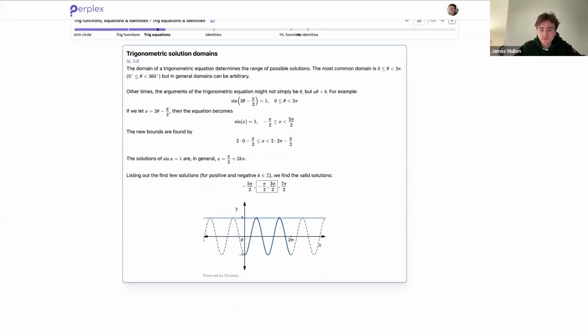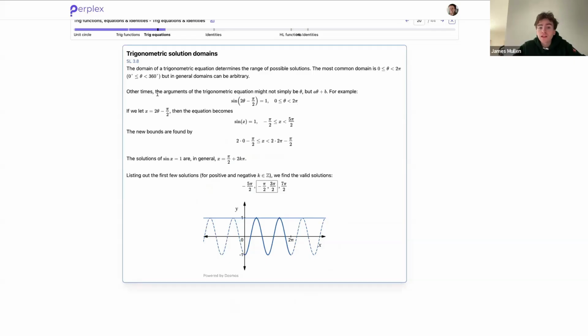Let's move on. Now, this is really tricky, but trigonometric solution domains. When you have a trig equation that you have to solve in IB, they will give you the interval of the value of theta. They'll say something like theta is between 0 and 2 pi in general. But sometimes they might say between 0 and pi over 3. It just depends. But typically it's going to be between 0 and 2 pi.